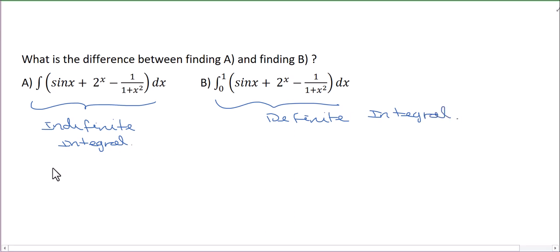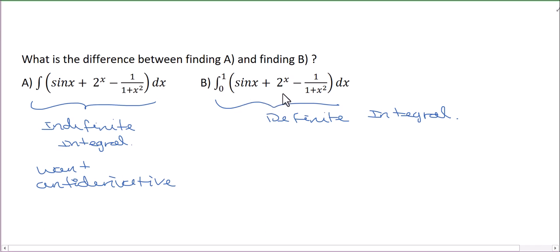Right in here, we just want the antiderivative. We just want the antiderivative of the function. So what this is telling us is that the thing in parentheses, that is the derivative of some function, and the derivative was taken with respect to the variable x.